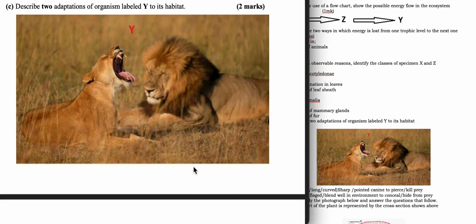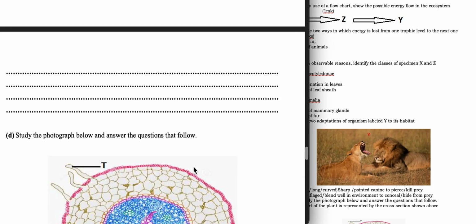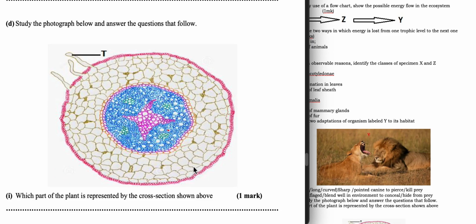We go to question D. Study the photograph below and answer the questions that follow. Which part of the plant is represented by the cross section shown above?